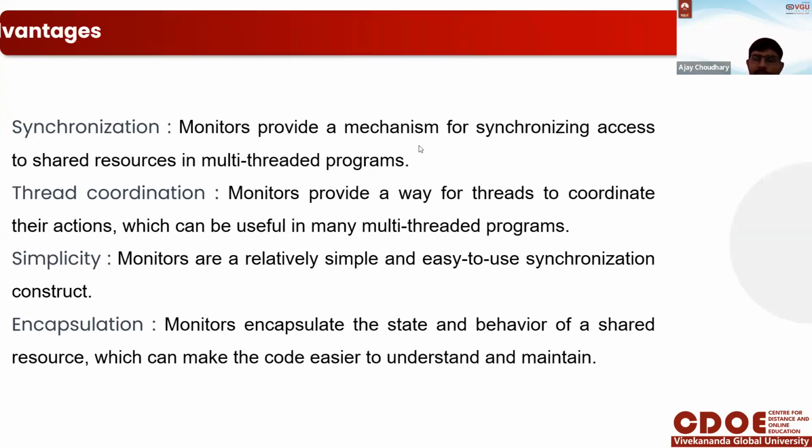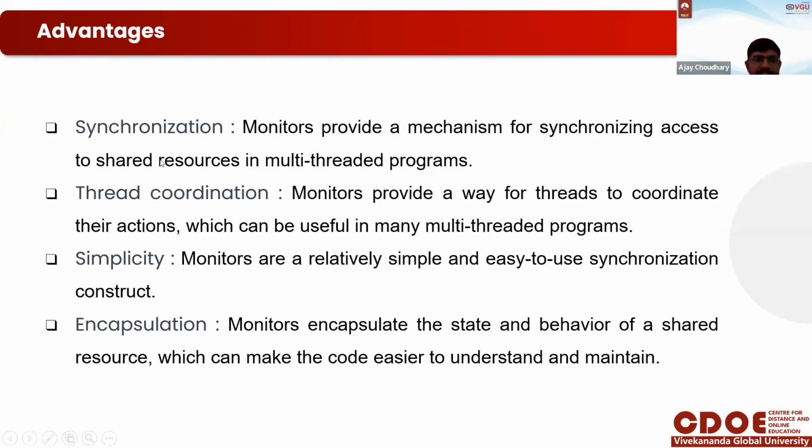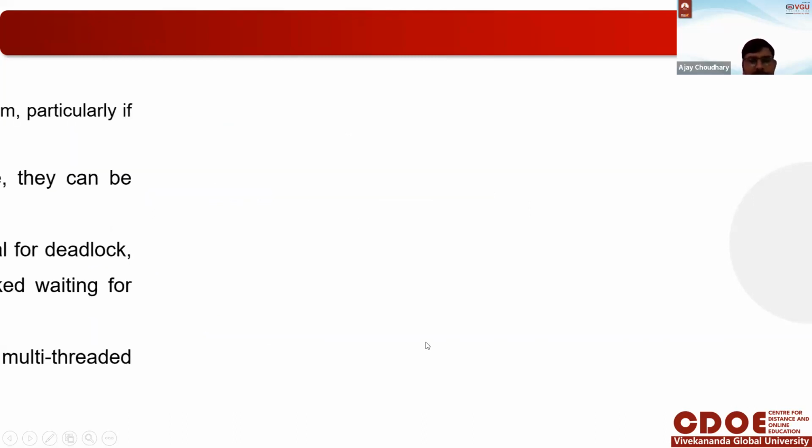Synchronization: monitors provide a mechanism for synchronizing access to shared resources in multi-threaded programs. Thread coordination: monitors provide a way for threads to coordinate their actions, which can be useful in many multi-threaded programs. Simplicity: monitors are a relatively simple and easy to use synchronization construct. Encapsulation: monitors encapsulate the state and behavior of the shared resources, which can make the code easier to understand and maintain.